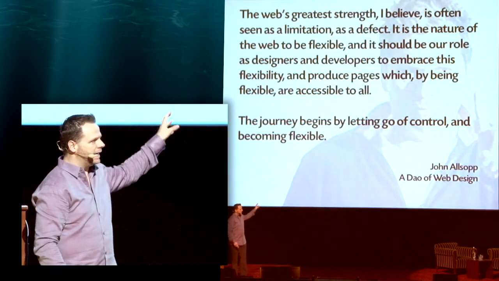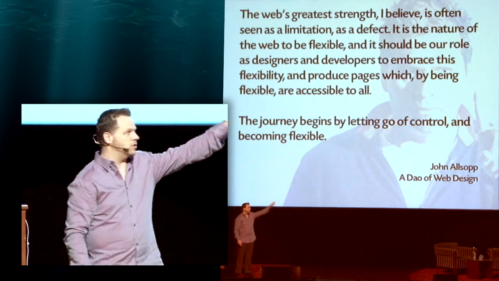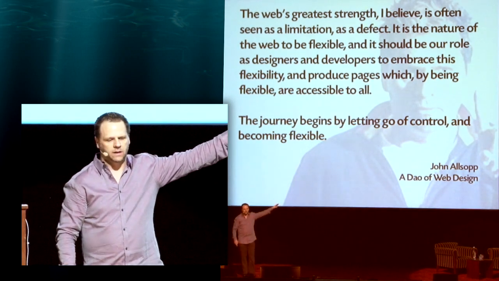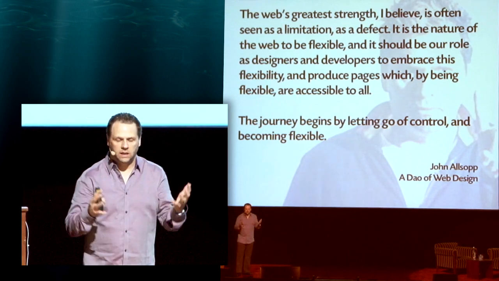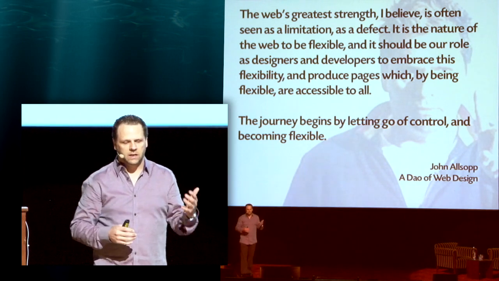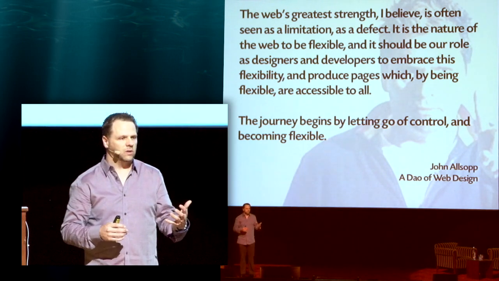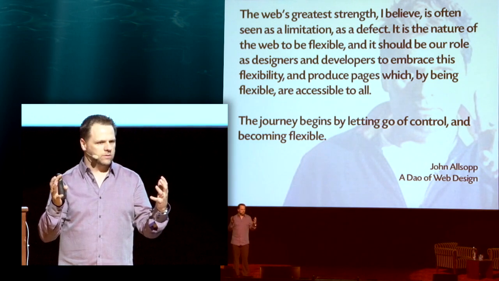The web is already flexible. If you take a look at any browser, this is one of my favorite passages from John's article, A Tao of Web Design. This is his conclusion: the web's greatest strength, I believe, is often seen as a limitation, as a defect. It is the nature of the web to be flexible. If you take content and put it in a browser, it has no bounds.